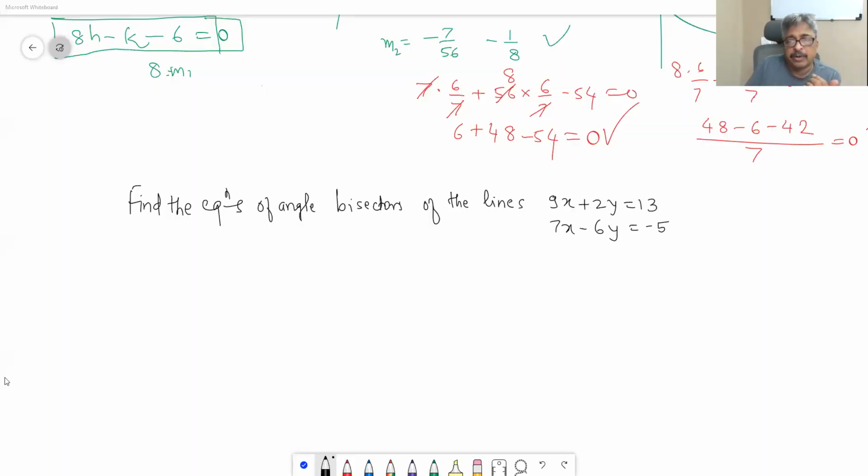Okay, let us quickly write down the generalized equations of angle bisectors and then maybe write down the answers for this.